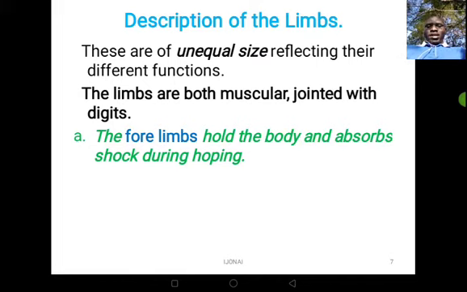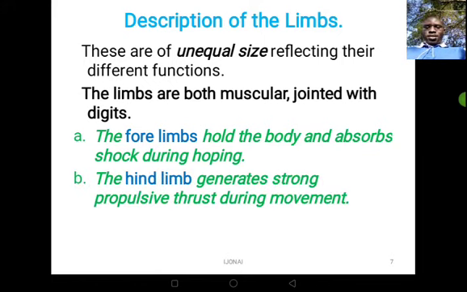The forelimbs hold the body upright and absorb shock during hopping, so as they are landing after jumping up, the forelimbs absorb the shock.